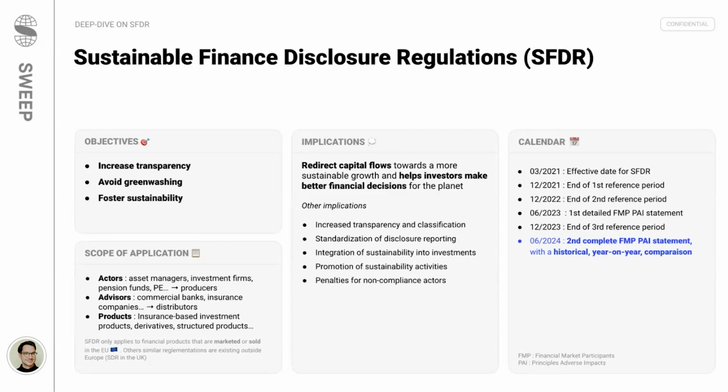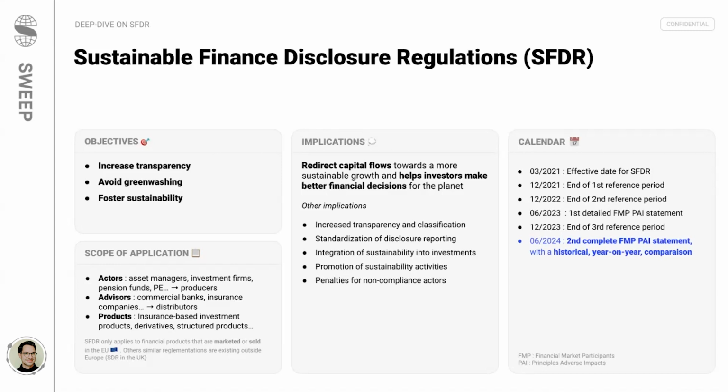It's the first work of having these indicators and policies that financial institutions are using to invest and implementing in their investment policies. So the goal, of course, is in the end to avoid greenwashing and to foster sustainability like all the other EU regulations from the Green Plan.